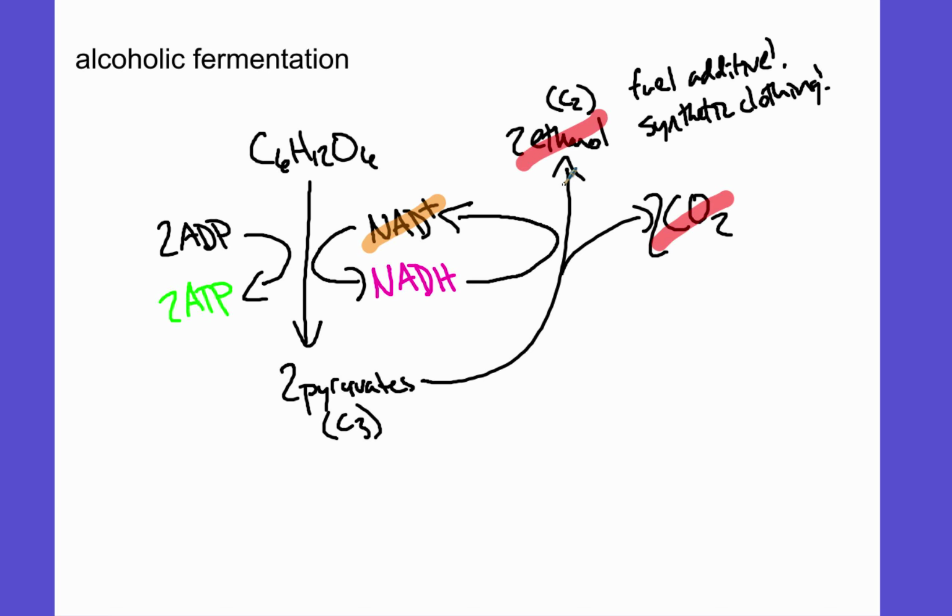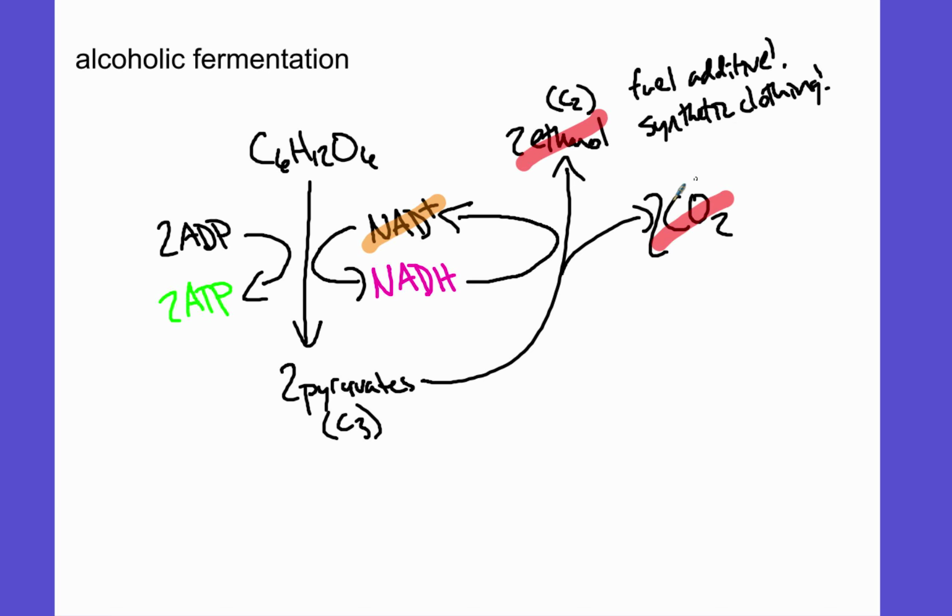So if you're wearing some kind of synthetic clothing, if it's not 100% cotton, chances are ethanol was an important thing to make that piece of clothing. So there's lots of other alternate uses for this ethanol aside from recreational purposes, right? Since you guys are not 21, you don't get to answer that way on a test. You have to talk about it being a fuel additive. You got to talk about how it can be used as a carbon source to make fibers for clothing.